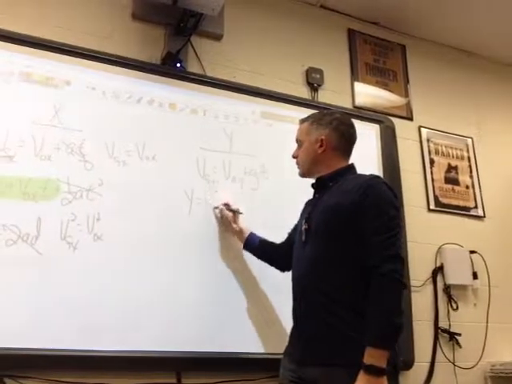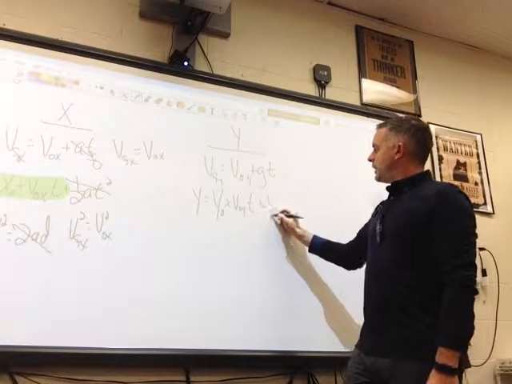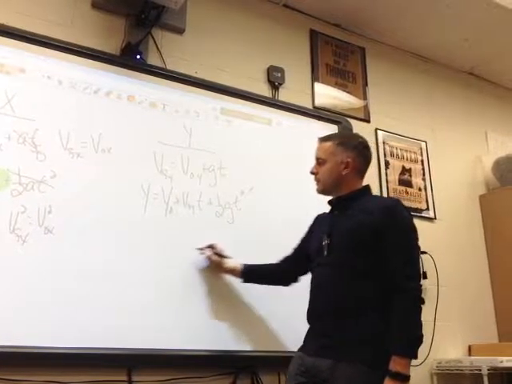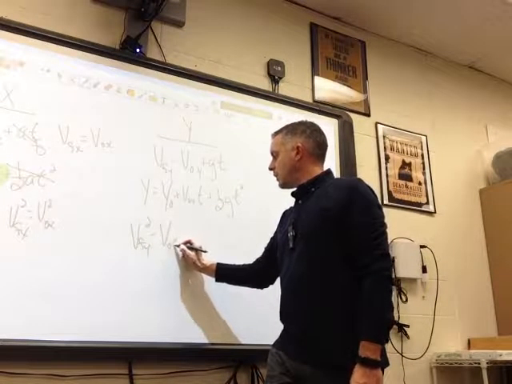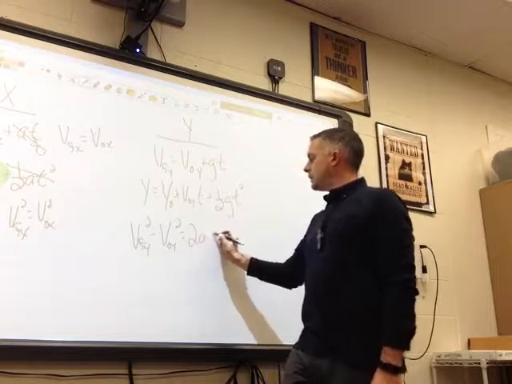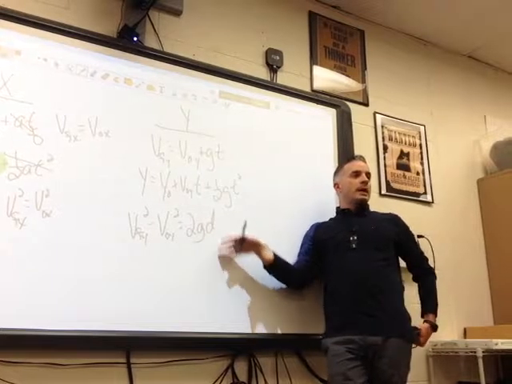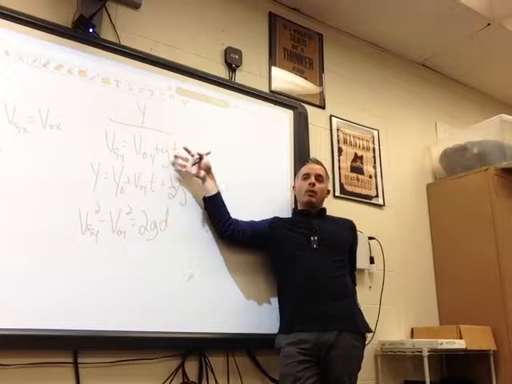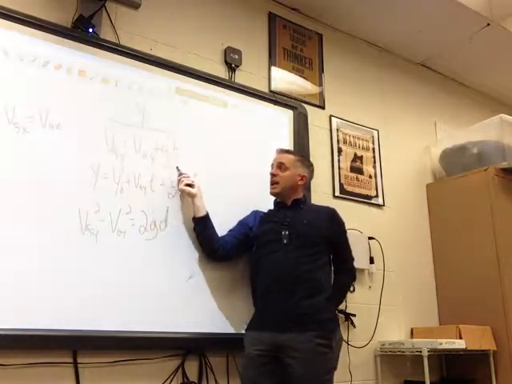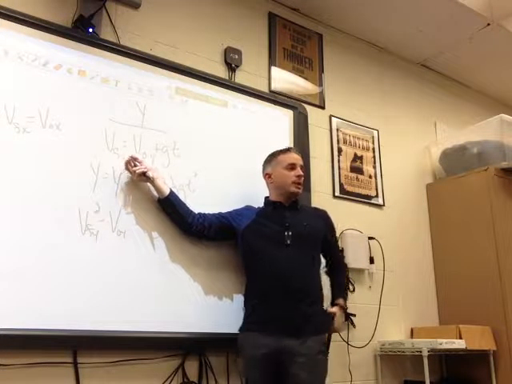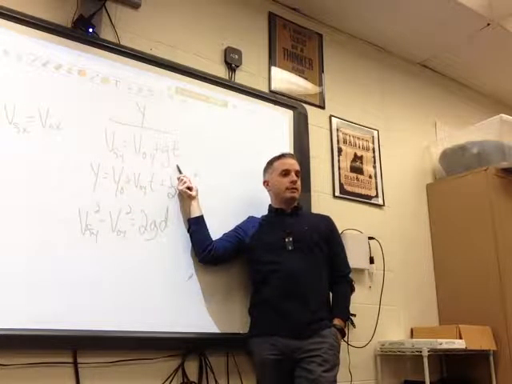And you've got y equals y sub o plus v sub o y t plus 1/2 g t squared, and v sub f y squared minus v sub o y squared equals 2gd. So these don't really change, but they further support what we already saw, that the object is speeding up, right? The droplet, the ball, whatever is in projectile motion is speeding up as it travels.